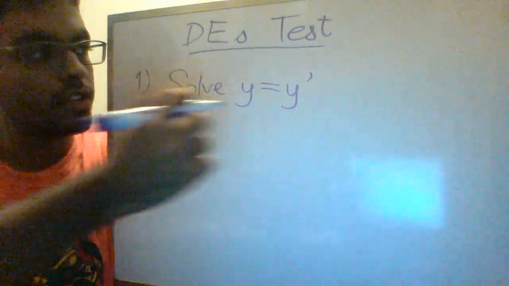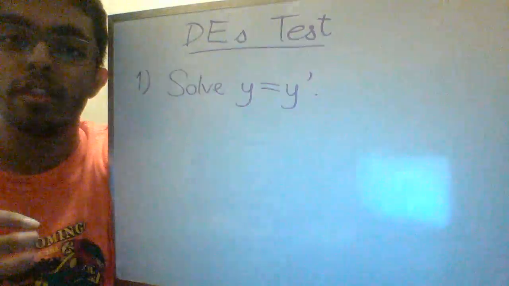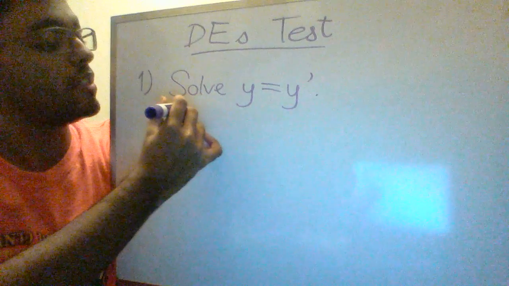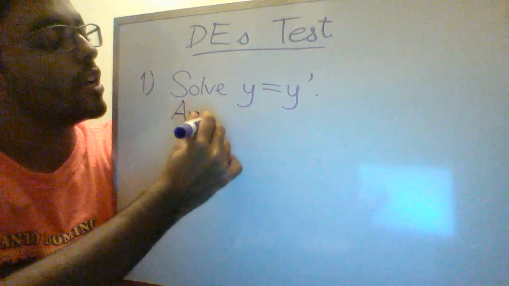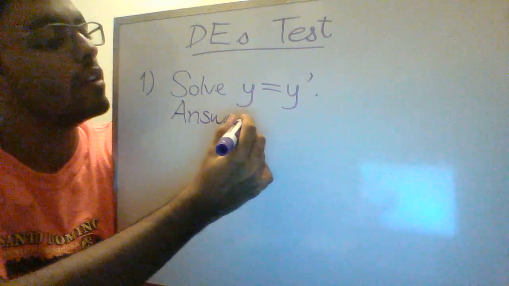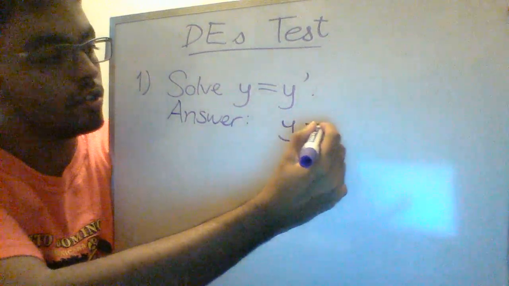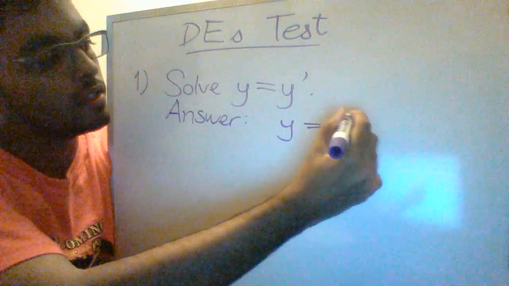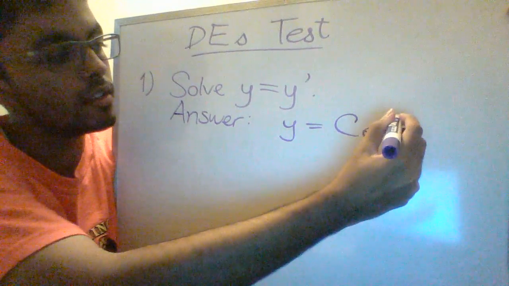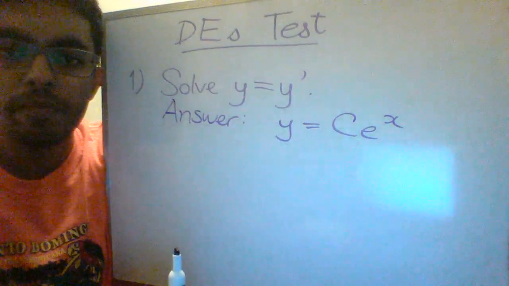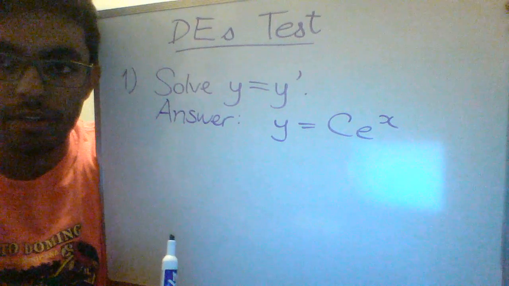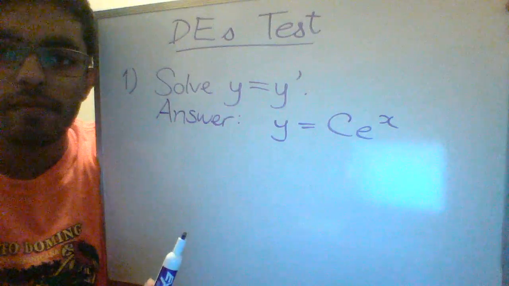To make sure that's very clear, I'm gonna tell you how you can check that you did it right: I'm giving you the answer. y should be equal to c e to the x. That should be your answer, okay?